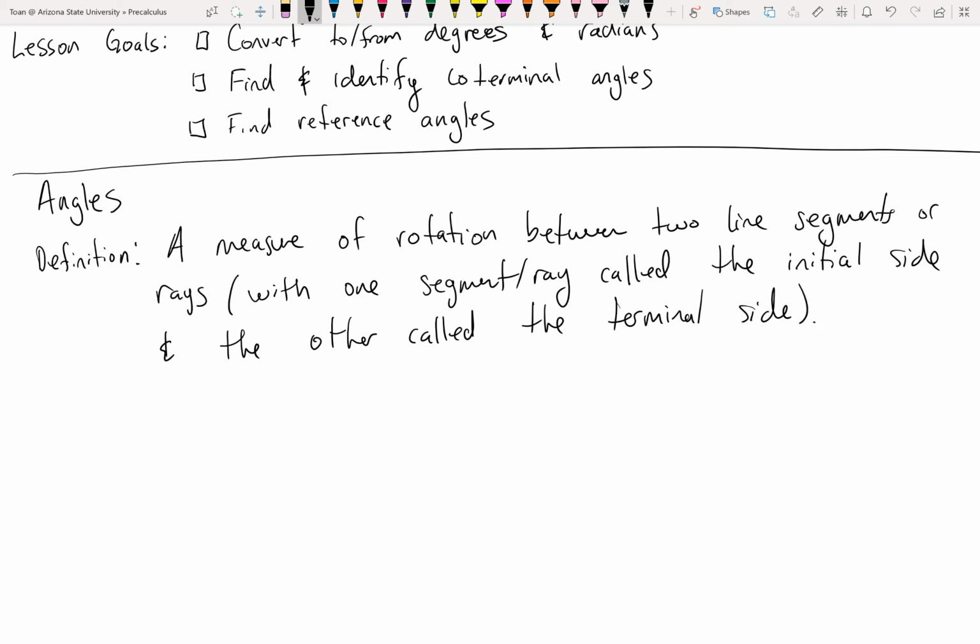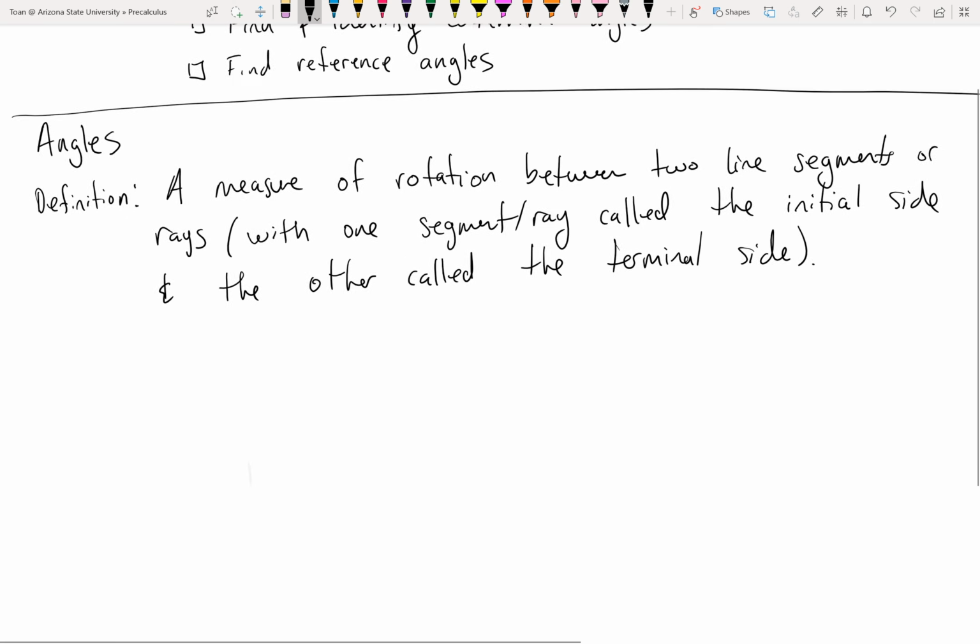So every angle consists of 2 line segments or rays, the initial and the terminal.